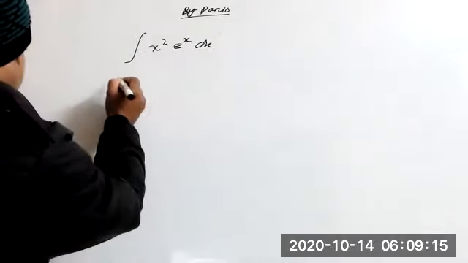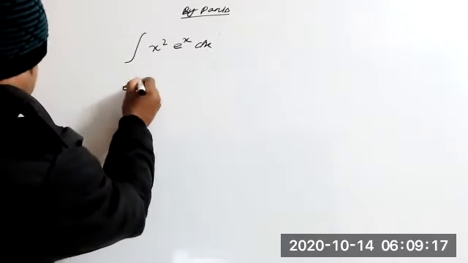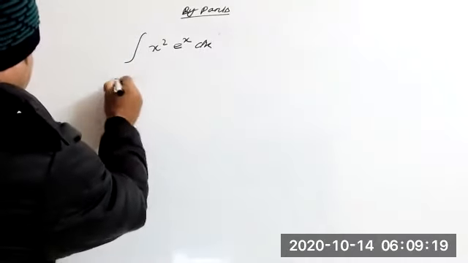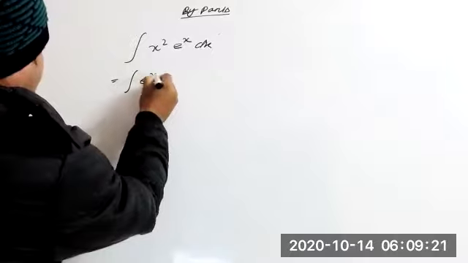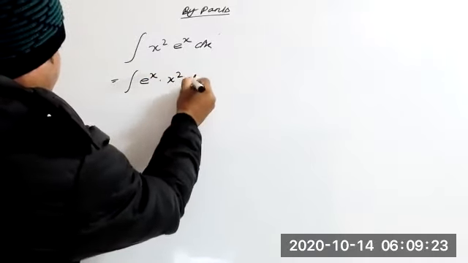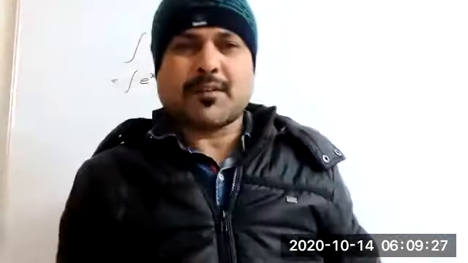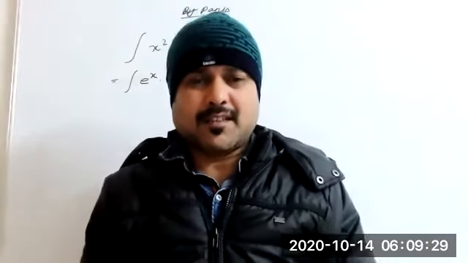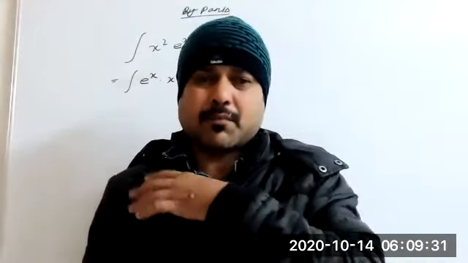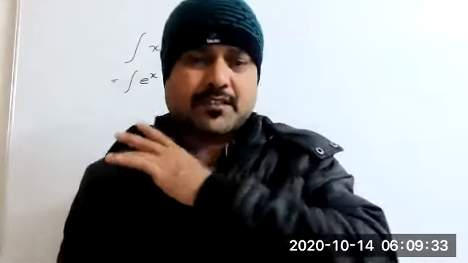So what do I do? I take e to the x as the first function and x square as the second function. Now I will check what the problem is or how I can solve it.